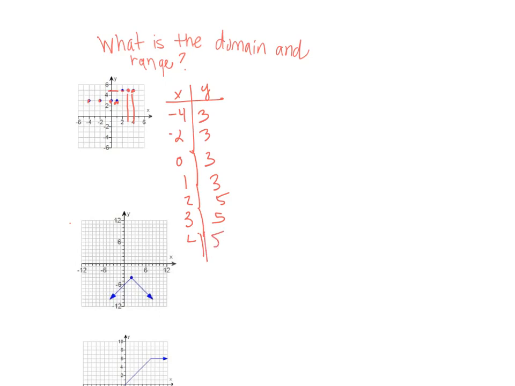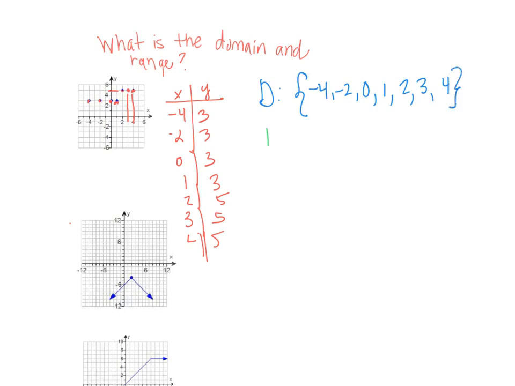However you want to organize your points, if we go to list out our domain, the domain would be the set of the following points. We would have -4, -2, 0, 1, 2, 3, and 4.